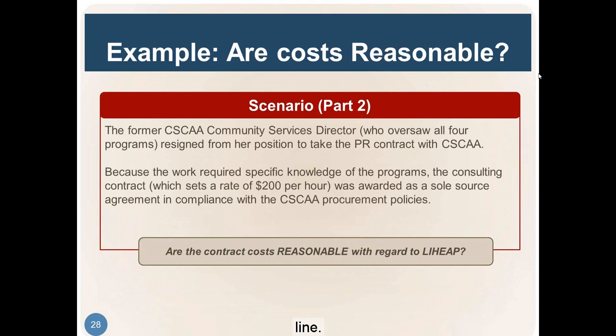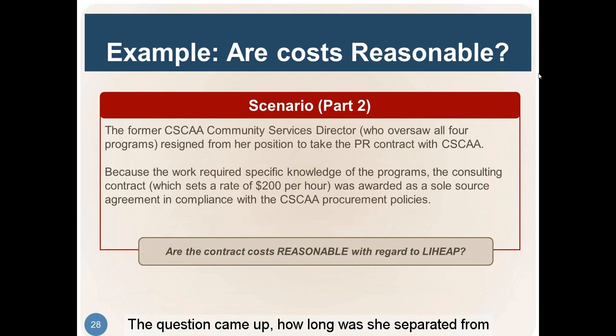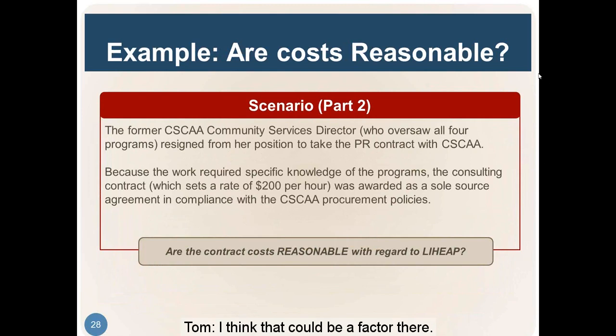I've unmuted her line. Go ahead if you would like to respond as well. The question came up, how long was she separated from the agency as the director? So something to think about too. I think that could be a factor there.